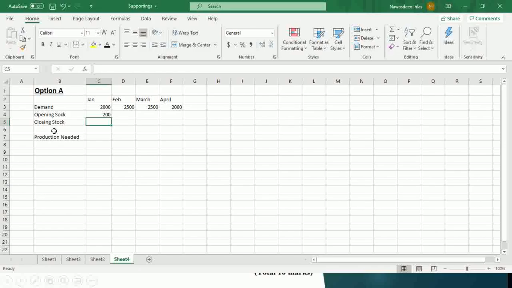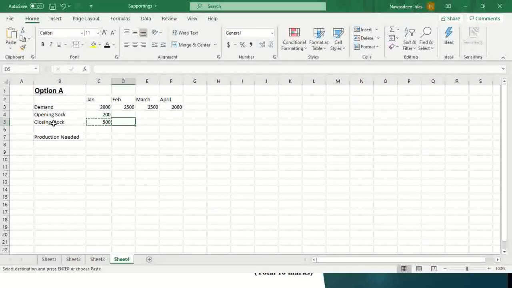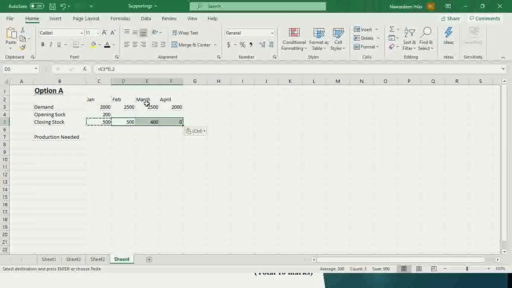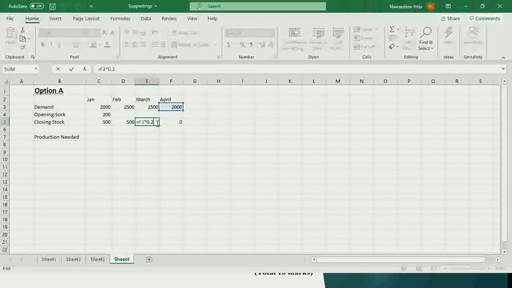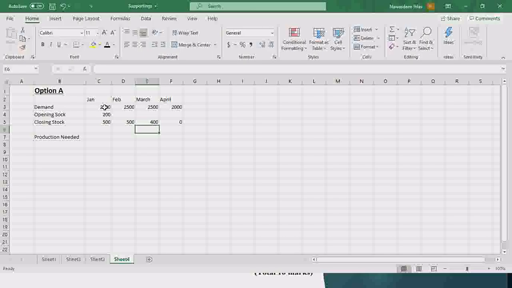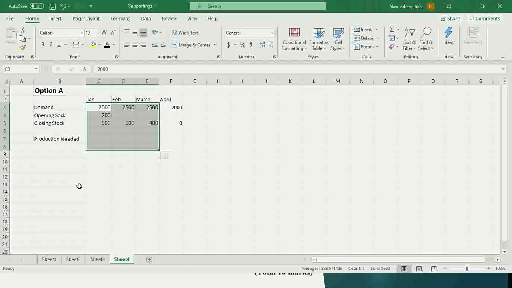So closing stock is very easy to find. It is 20% of next month demand. So next month demand into 20%. So here you can see next month demand's 20%. Right.